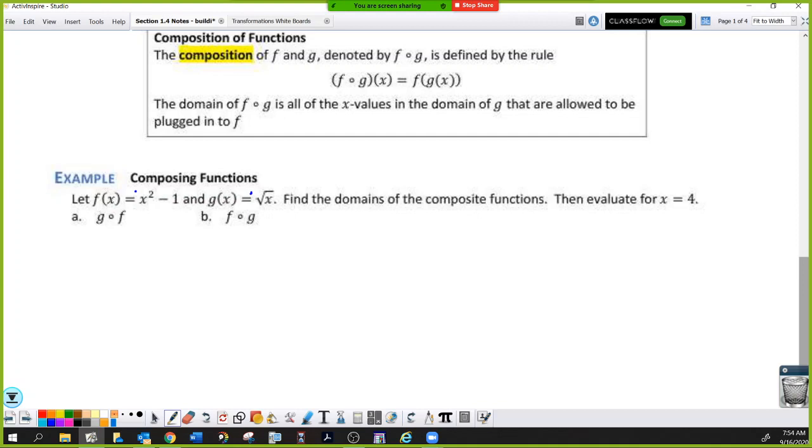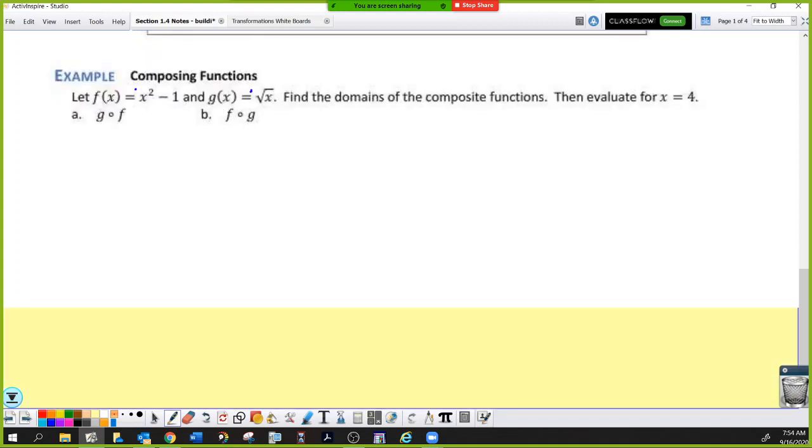All right, g of f, just like division and subtraction, order matters. So whatever's after the circle, or whatever is inside the big parentheses, that's what you're plugging in. So if it says g of f, and I'll show this work. Let me get myself some more space. Anyway, for A, I don't really use f o g and g o f.